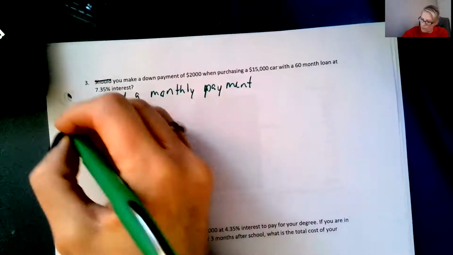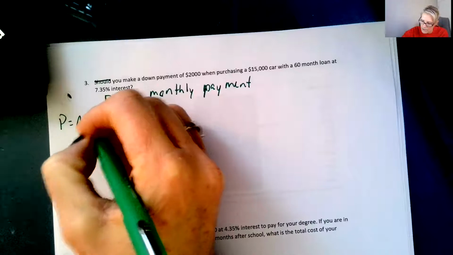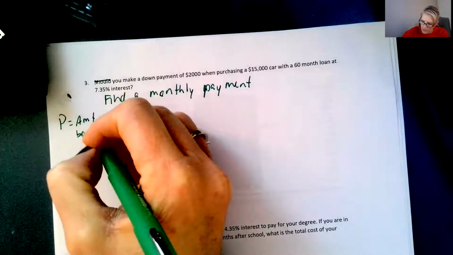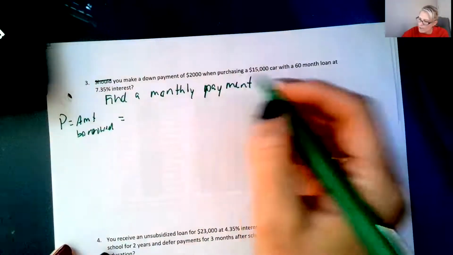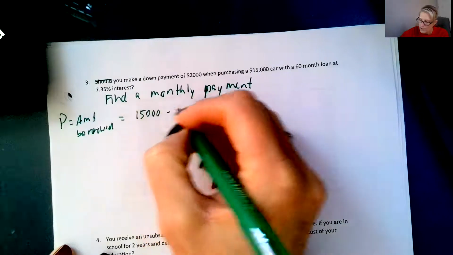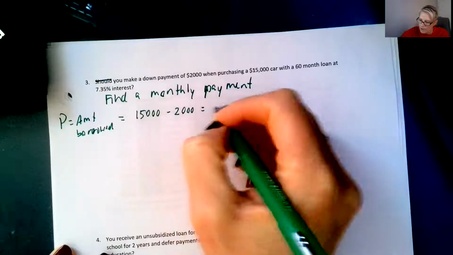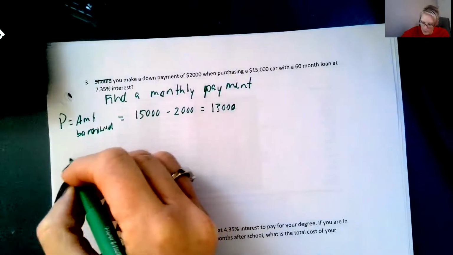So we first need to have P, which is the amount borrowed, which means that we're going to take the cost of the car, $15,000, and subtract the down payment. So I'm actually only borrowing $13,000.